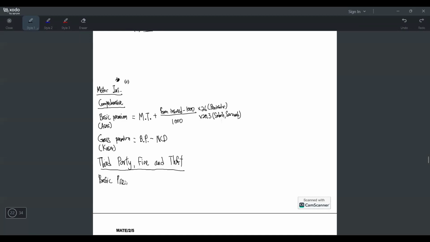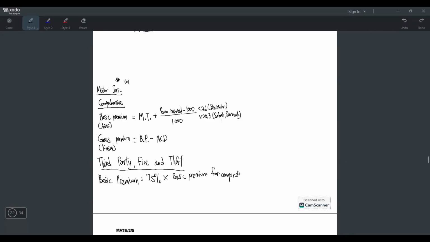You cannot look at the motor tariff for this, because in the motor tariff you can only get the value for comprehensive and third party only. So for third party fire and theft, for the basic premium you have to use another formula, which is 75% times the basic premium for comprehensive.